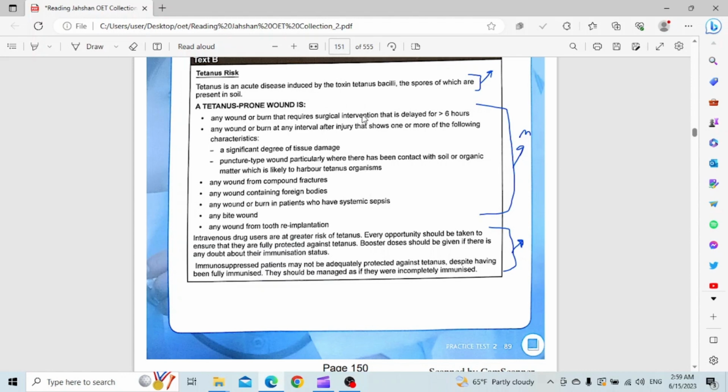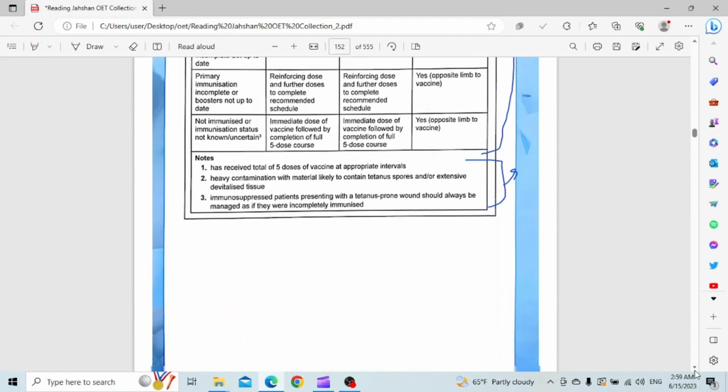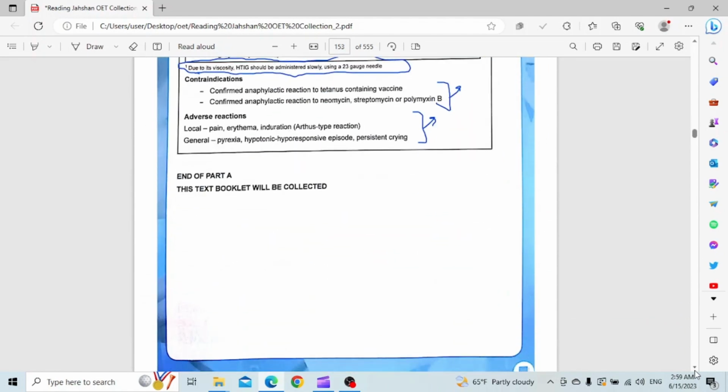Let's see. No, because any wound or burn is following a characteristic. No, I will not find it here at all. Any one from compound? No. Containing, okay, anything containing what? Foreign bodies. So the answer is foreign bodies. Then I go and move to the other one.